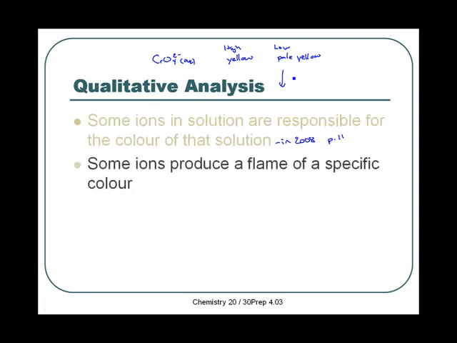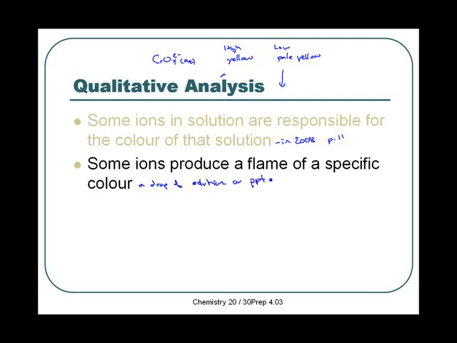So sometimes we can tell what's in solution by its color. Other ions produce a flame of a specific color. The way you test this is with the flame test, and you can take either a drop of solution or some precipitate.